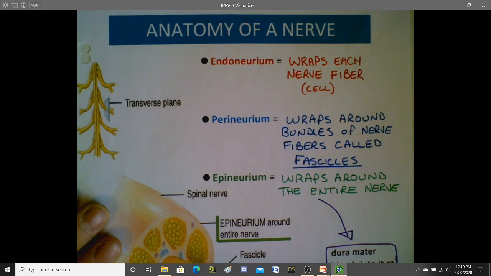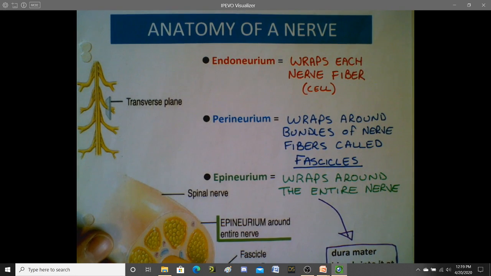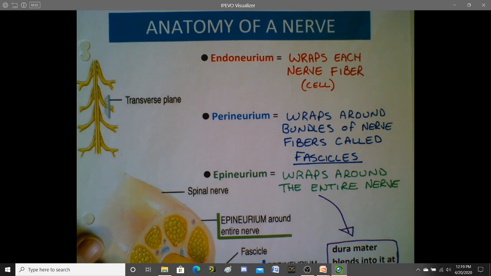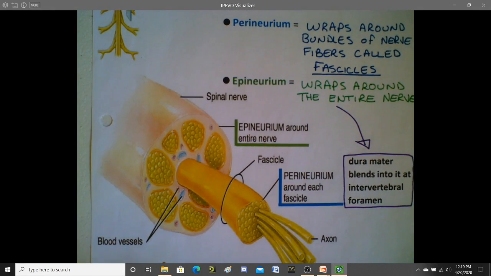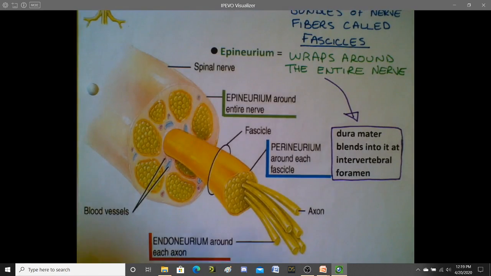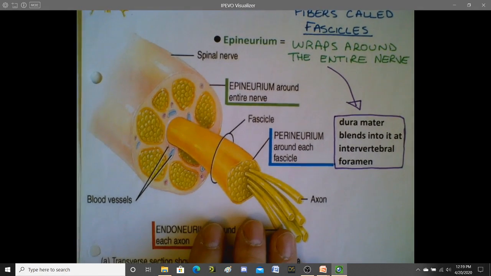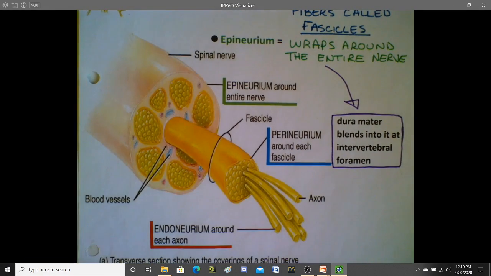And when you look at Handout 13F, before we get into these different wrappings, let's just look at the picture. So if you look at the picture, this should look very similar to something that we talked about before in chapter 10. Now, if you look at this, this looks just like a muscle, doesn't it? All right, that's because nerves and muscles are made almost the same way.